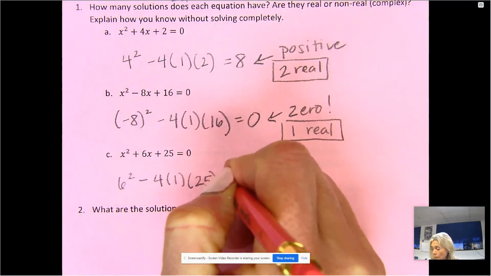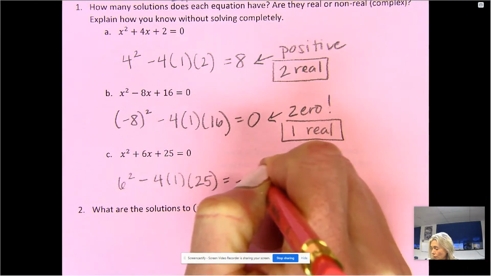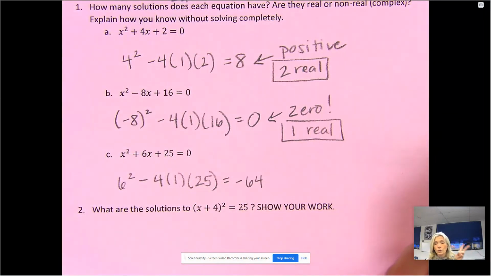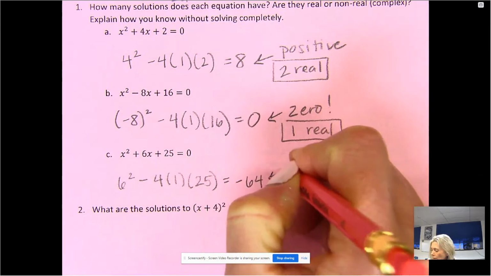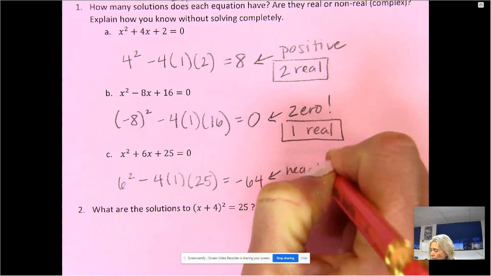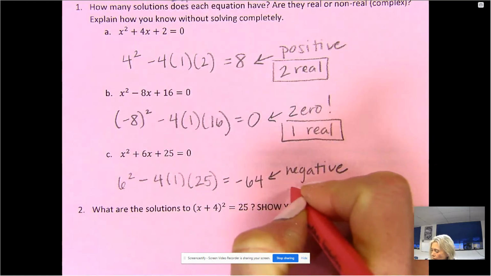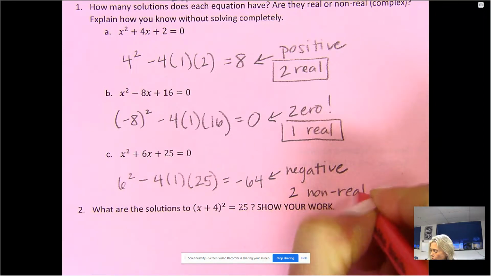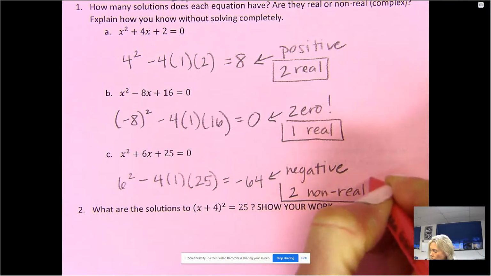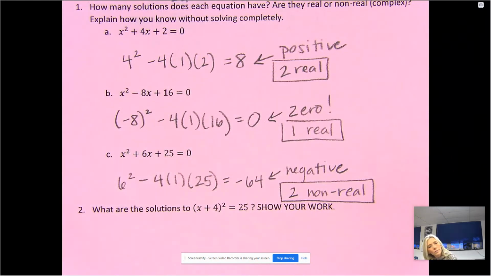So now, again, this would be square rooted. And so we'll have 2 different square roots, the positive and the negative, but they're both going to be imaginary. So our solutions are going to be non-real or complex, but still 2. So since this is negative, they are 2 non-real solutions. Or you could say 2 complex solutions.